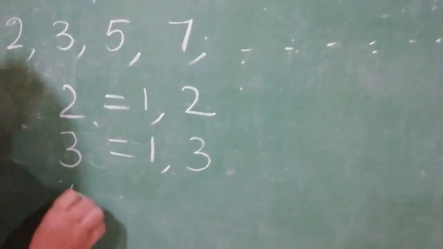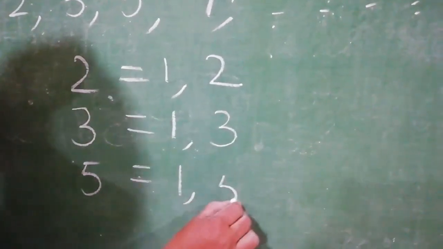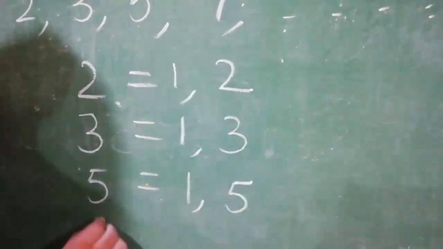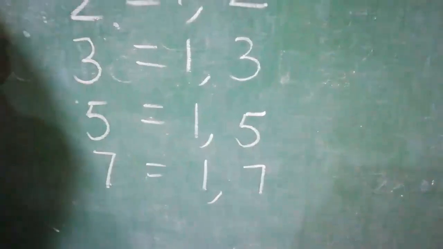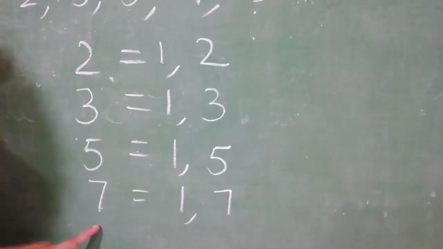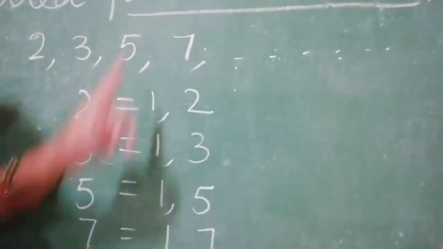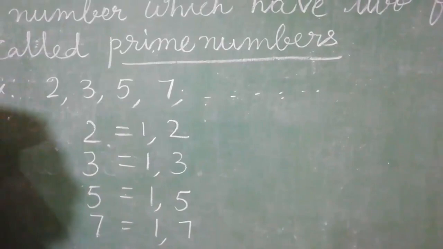And 5 also has 2 factors. 1 5s are 5, 5 1s are 5. The 7 also has 2 factors, 1 and the number itself. Those numbers are called prime numbers. A number which has 2 factors is called a prime number.